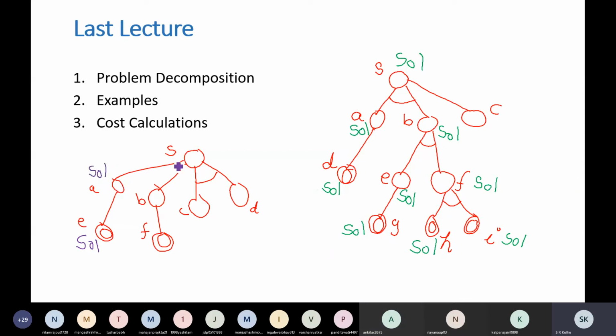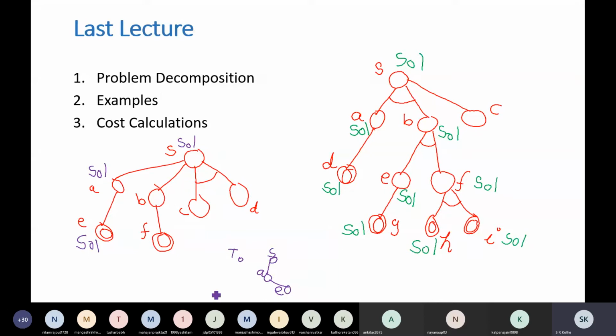Since A has become solved, will S become solved? Yes, because this is OR. So S will become solved. So what will the algorithm do? Terminate and return this S, A, E as T0. Okay, T0 will be node S, A and node E. Correct? Right.